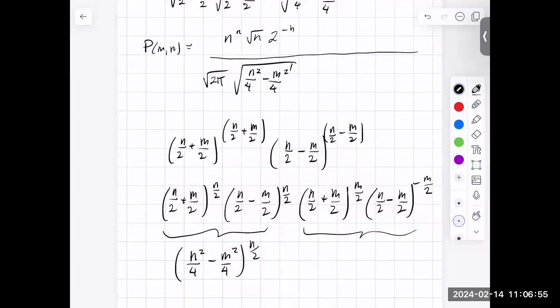We could say, look, this is (n/2 + m/2) divided by (n/2 - m/2), all raised to the m over 2. That works because I've put this in the denominator, which takes care of this minus sign. Okay, and then we could cancel all those 1/2 factors.